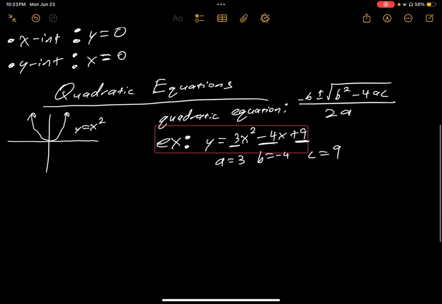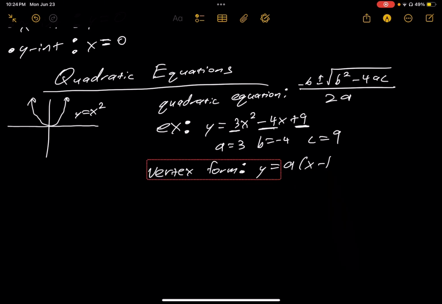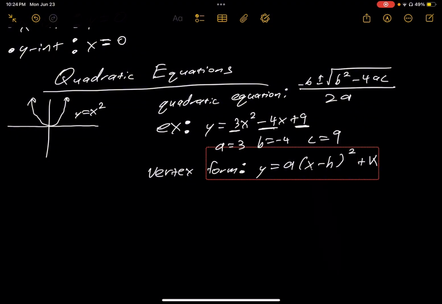Okay. Looking at our next one, it's not really a formula, but it's the form that quadratics can appear in, and this is vertex form. And this is seen as y is equal to a times x minus h squared plus k. And you can do this by manipulating, like our example up here, into this.